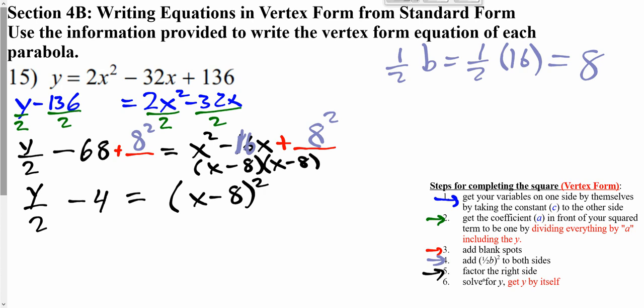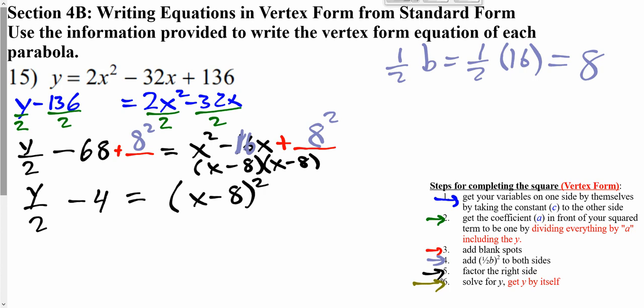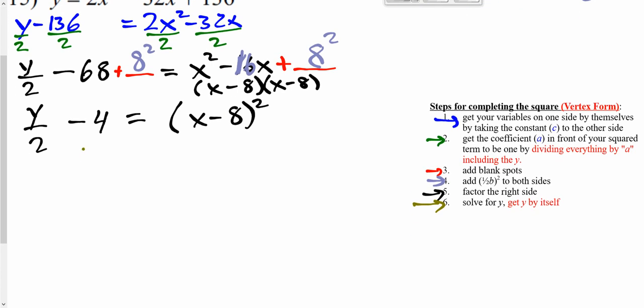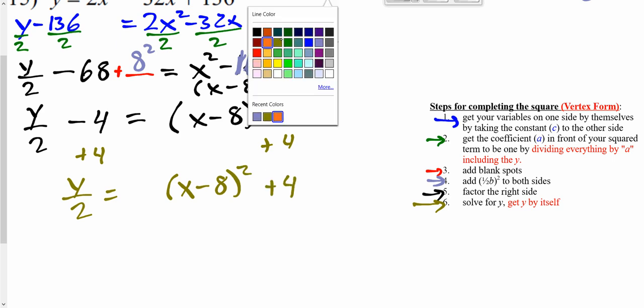So now we got to go ahead and do our last step. Our last step says we need to go ahead and get y on one side by itself. So I'm going to go ahead and add 4 to both sides. We get y over 2 is equal to our parentheses, all squared, with a plus 4. And then I need to go ahead and get rid of my dividing by 2.